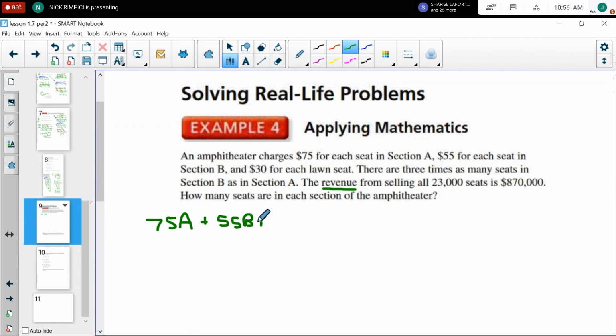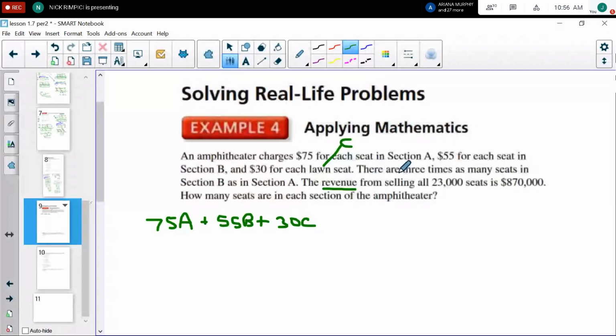I also take in money when I sell lawn seats, which I'm going to call C. So 30C: every lawn seat I sell, I bring in $30. That's the money I bring in: 75 for every seat in A, 55 for every seat in B, and $30 for every seat in C.